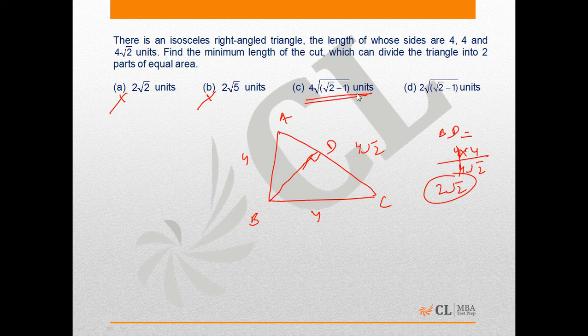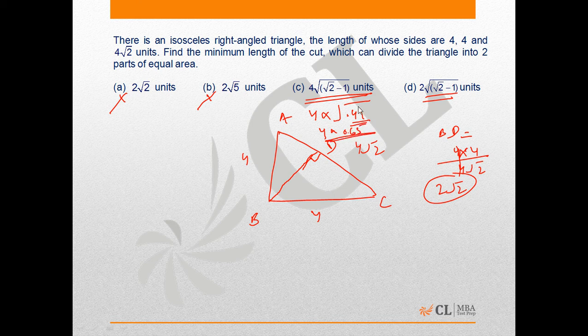Now we have two figures. The value of the first figure would be 4 into root 2, which is approximately 1.42, and 1.42 minus 1 would be around 0.41, and 0.41 would be around 0.65.